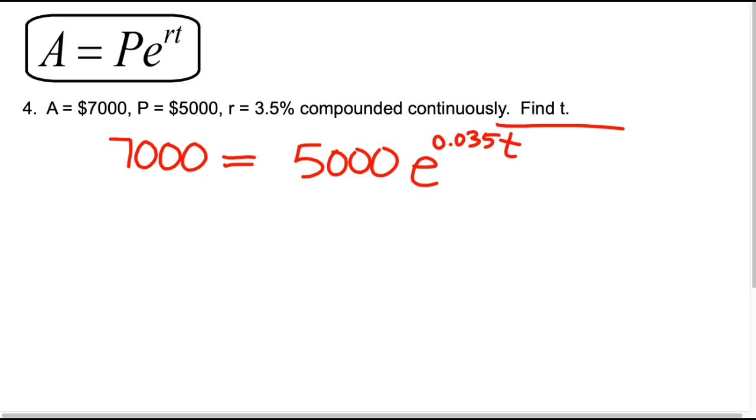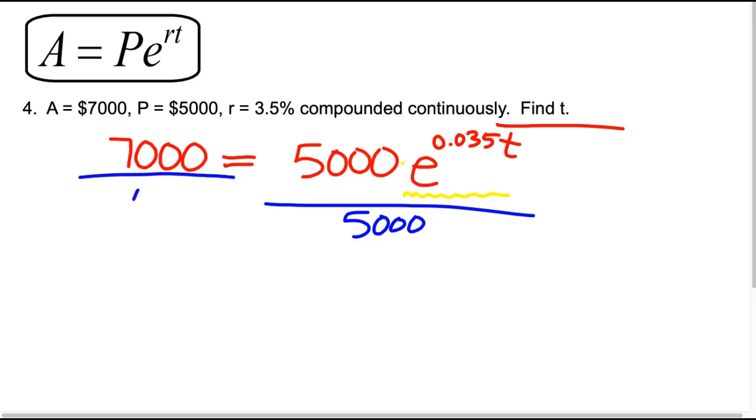Okay. My variable is there, so it's part of this stuff. And so I'm multiplying by 5,000 by that, so I'm going to take both sides and divide by 5,000. Get rid of that first. And what I have left now is e to the 0.035 t equals.